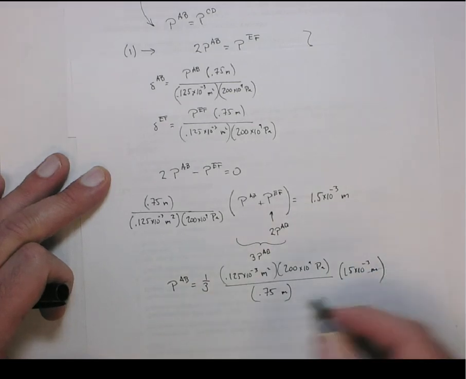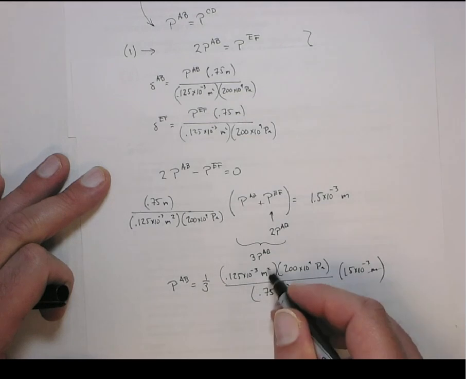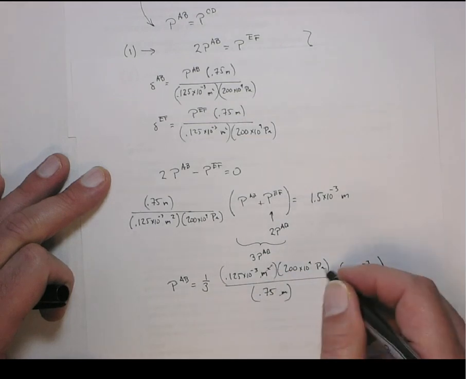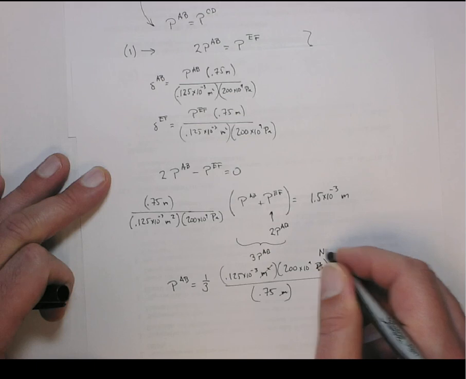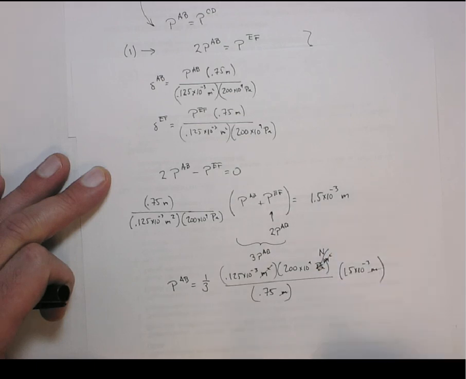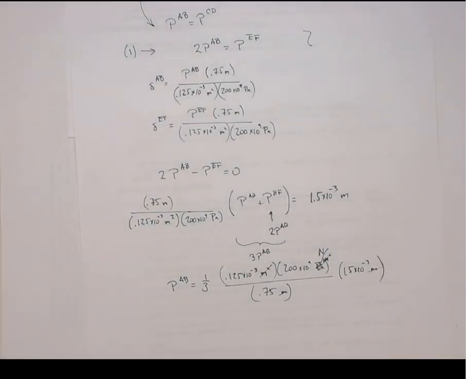So the meters will cancel out, meters squared will cancel with the Newtons per meter squared of the pascal, and I'm left with just Newtons.